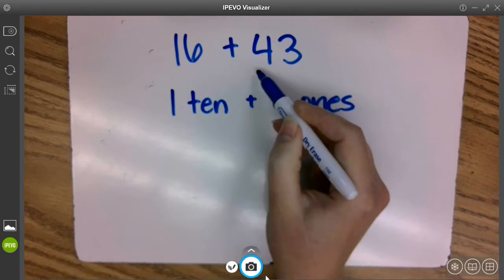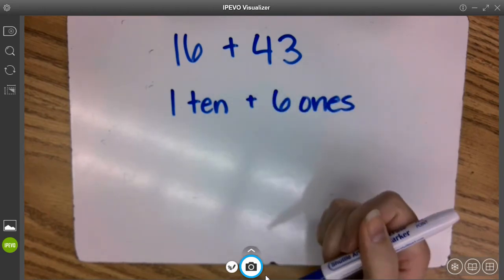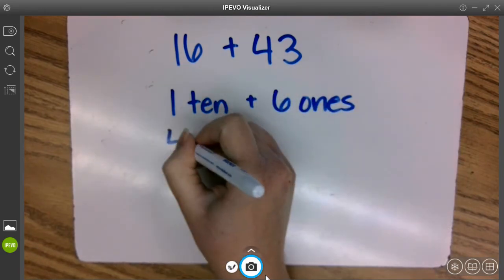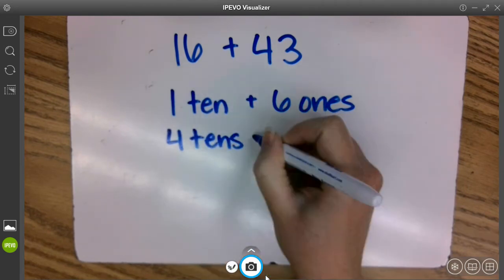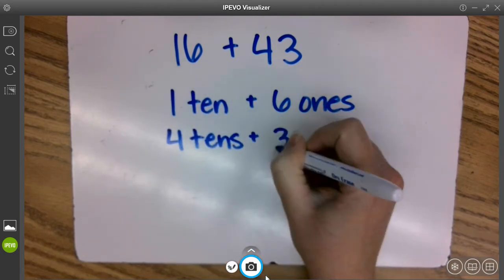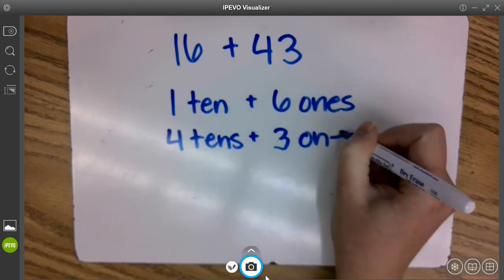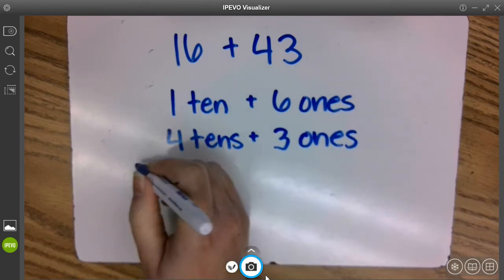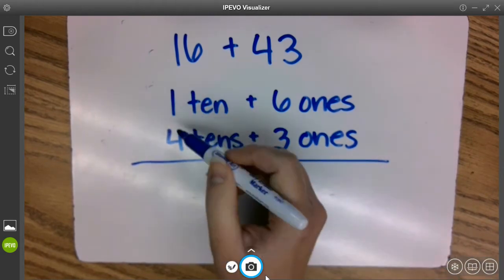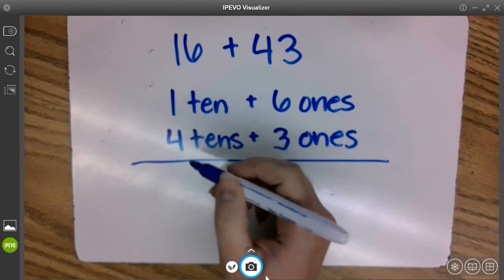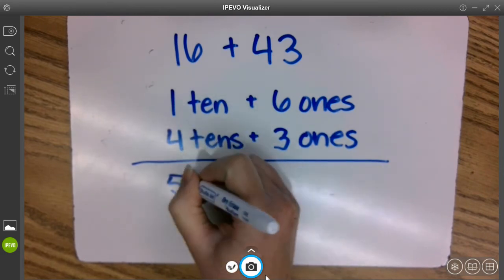Okay, what does 43 mean? 4 groups of 10 and 3 ones. I'm going to combine things that are alike, just like we did with our models. 1 ten and 4 tens, I can put those together to get 5 tens.